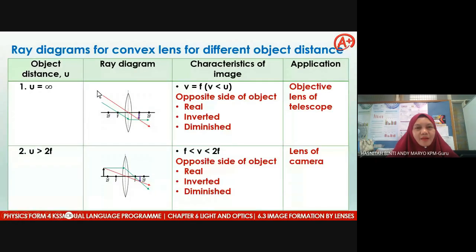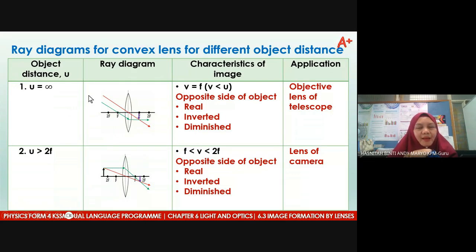So how to draw the ray diagram? Here we apply the first rule, the red color. A light ray travelling to the optical center continues to travel in a straight line. Then we apply the third rule.